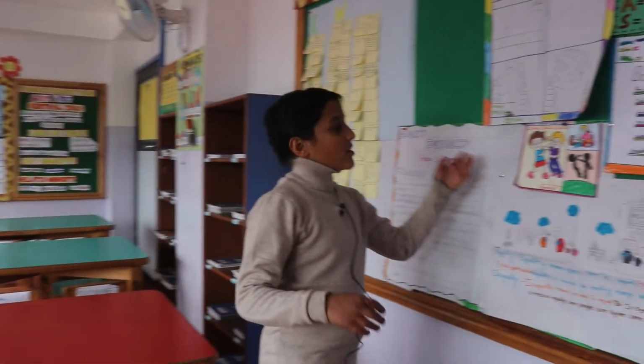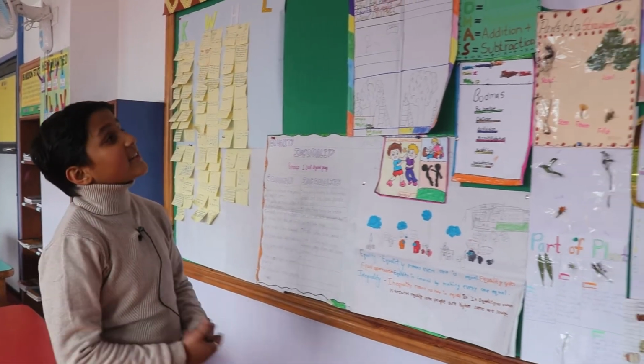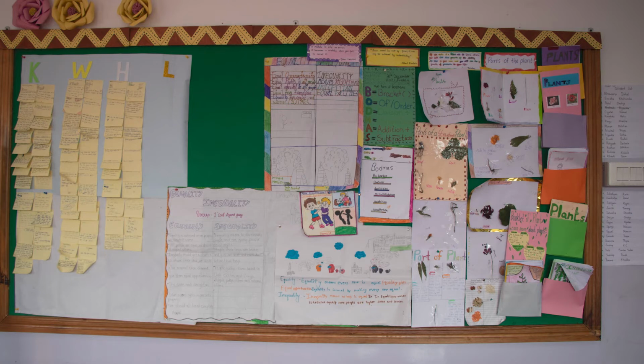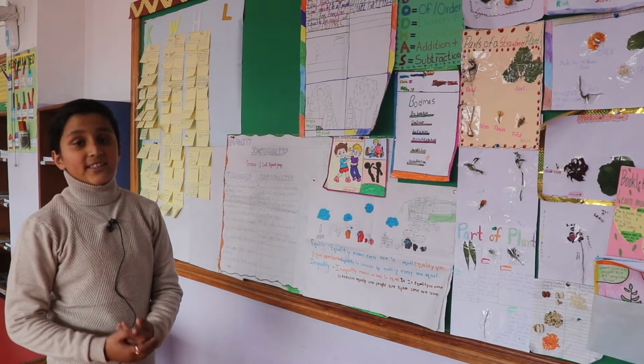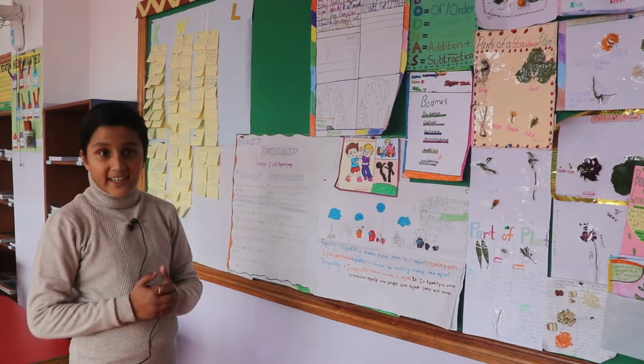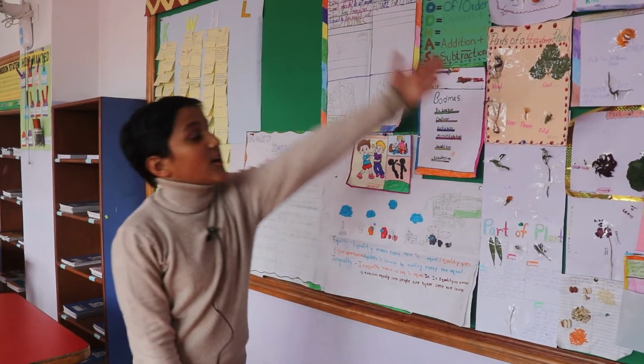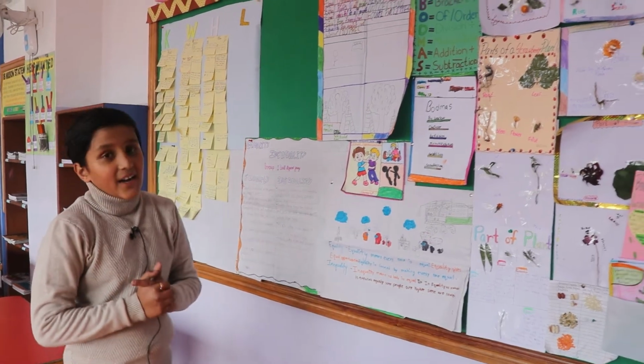Now we can see the board where we have pasted many things like maths and even our graphic board that we did in the activity of tuning in, and we have pasted the booklet of plants.